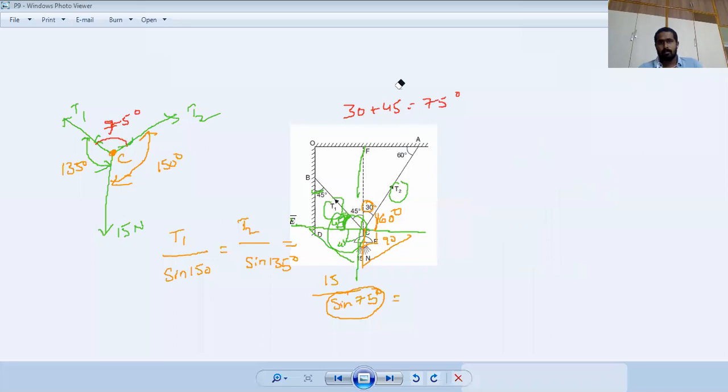T1 divided by sin 150 is equal to T2 divided by sin 135 is equal to 15 divided by sin 75. What is the value of sin 75? 0.96.